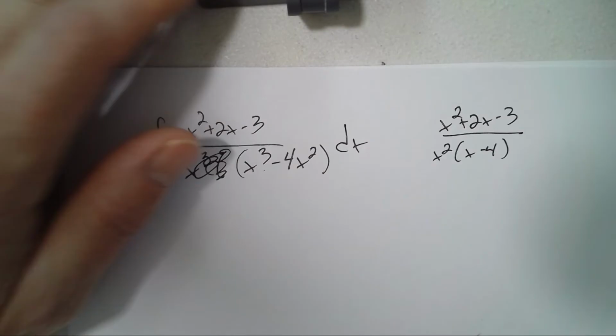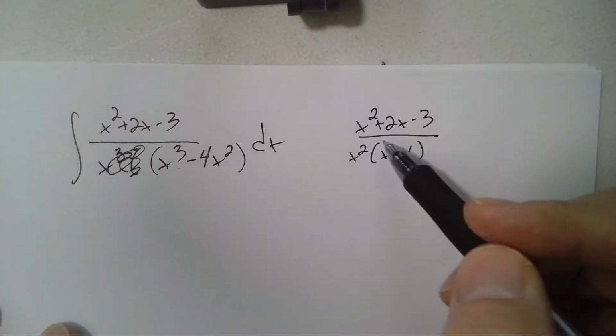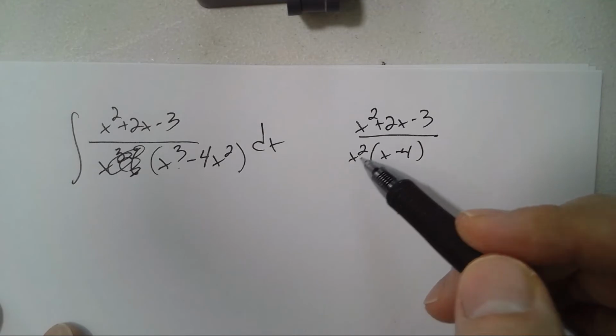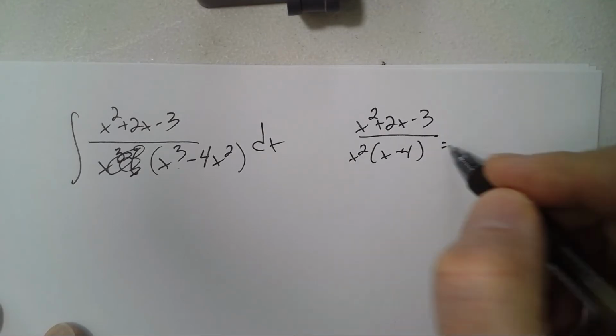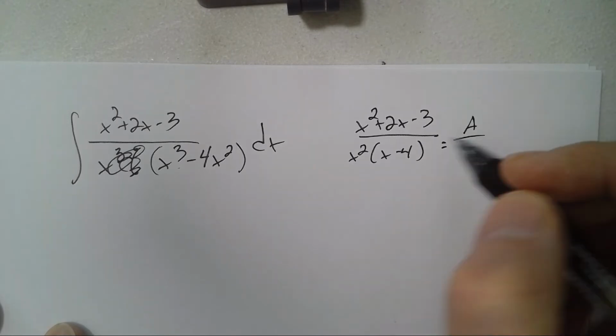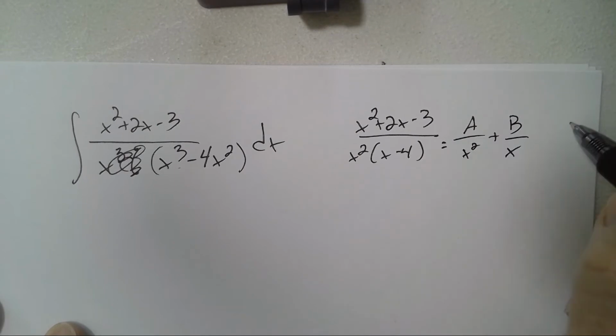So this is another partial fraction problem. But since we have something being squared or cubed, you have to assign A for the x squared, and you have to assign B for the x, and then finally C for x minus 4.